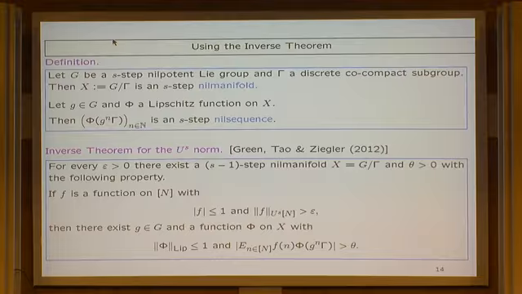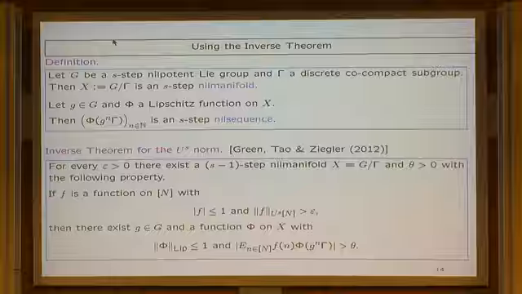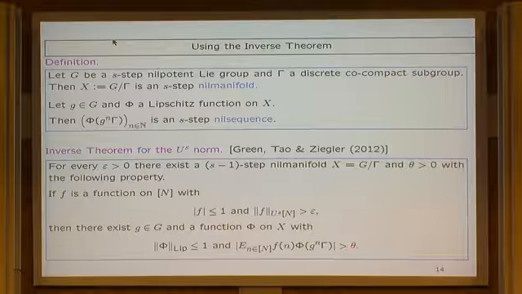Then for every epsilon, S given, there exists an (S minus 1)-step nilmanifold and a constant theta, everything depending on epsilon, with the following properties. If a function f of modulus bounded by 1 has a Gowers norm greater than epsilon, then it correlates with a nil sequence. That is, it has a correlation greater than theta with some nil sequence defined as above on this manifold X.